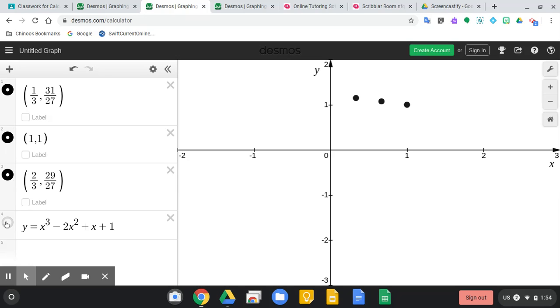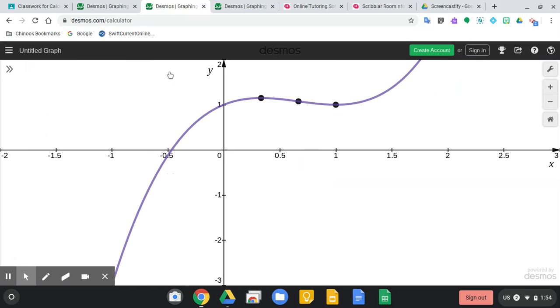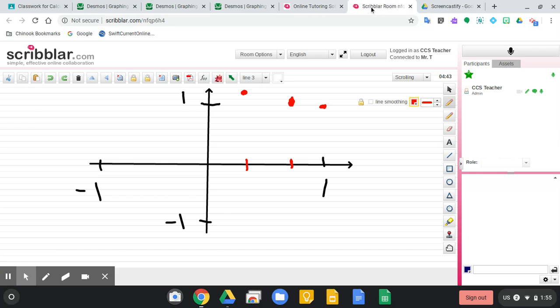So if I draw my graph, it's going to look something like that. Now this was a maximum. If I go back to the scribbler for a minute, this was my maximum. So this section has to be concave down. It has to look something like this. And this section is concave up, so it has to look something like that.